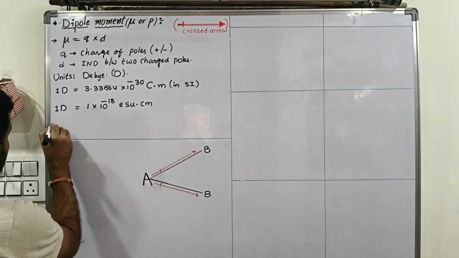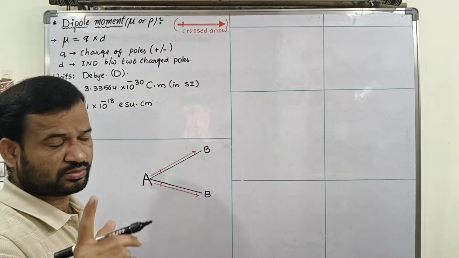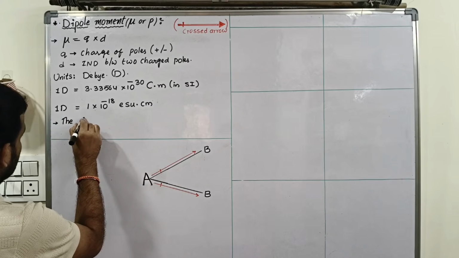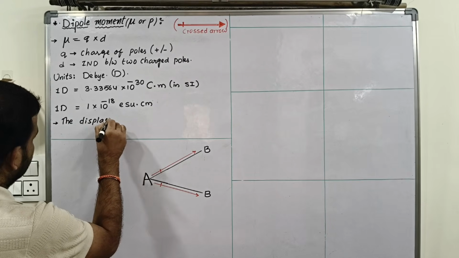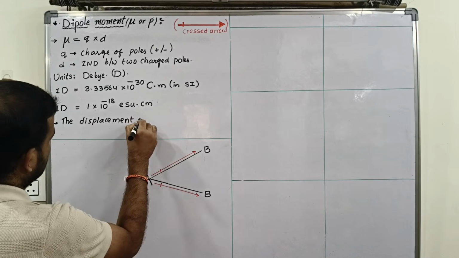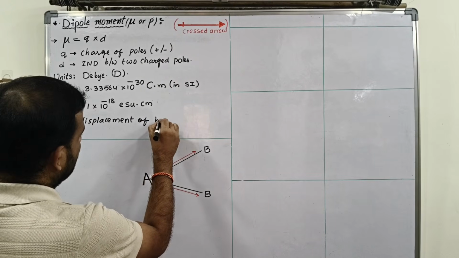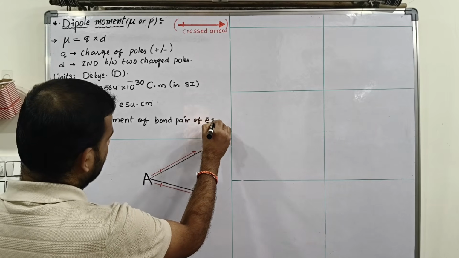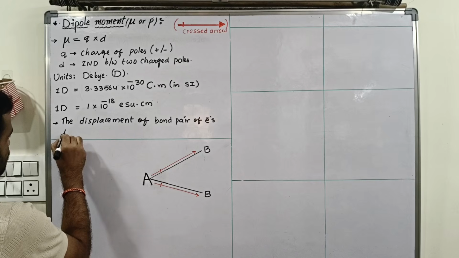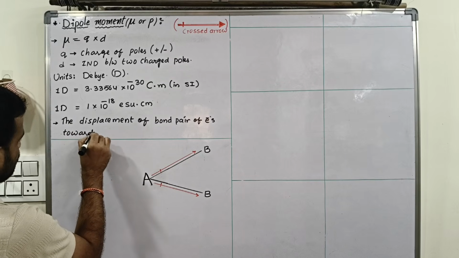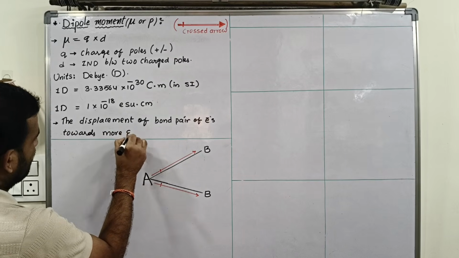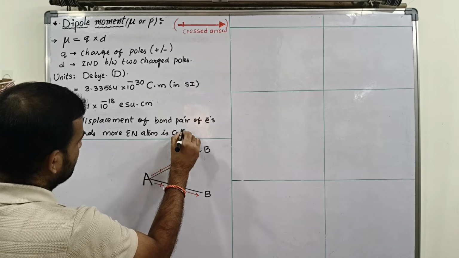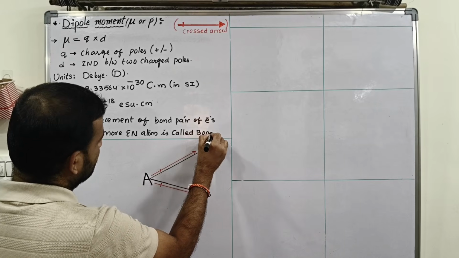Okay, here, what is the dipole moment of electrons? Bond moment means the displacement of the bond pair of electrons towards the more electronegative atom is called bond moment.